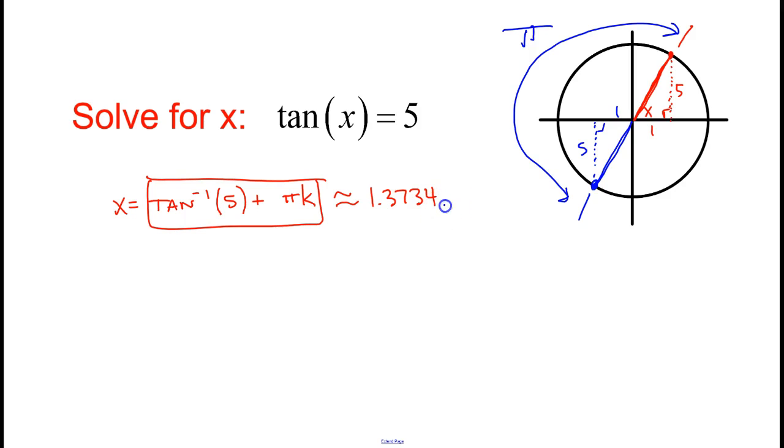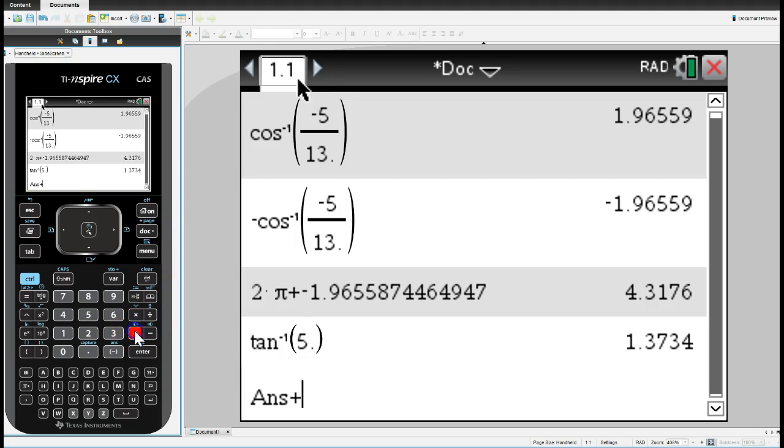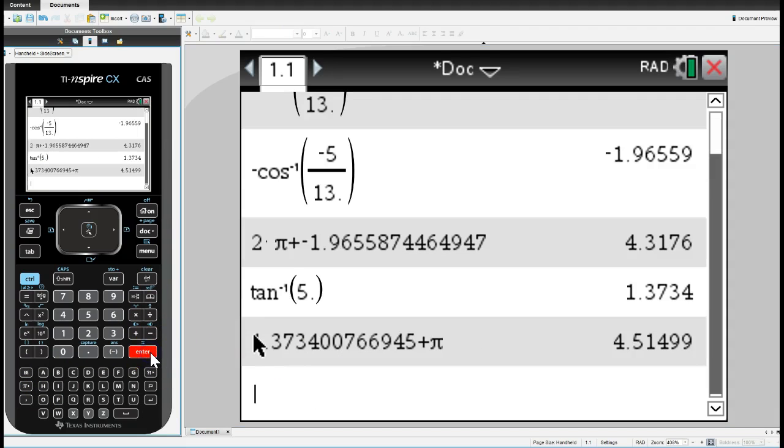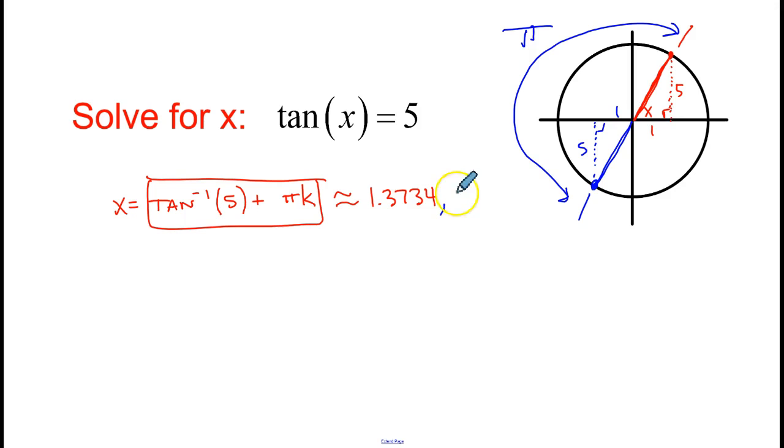And then let's add pi to that to find our bigger angle, the one down in the third quadrant. We get 4.51499. If we round that to 4 decimals, it's 4.5150. Okay, so those are our decimal approximations that represent the two solutions between 0 and 2 pi.